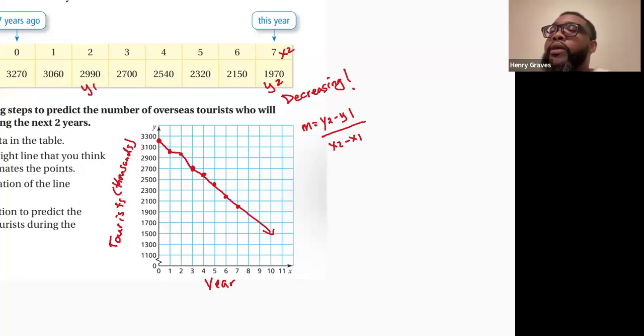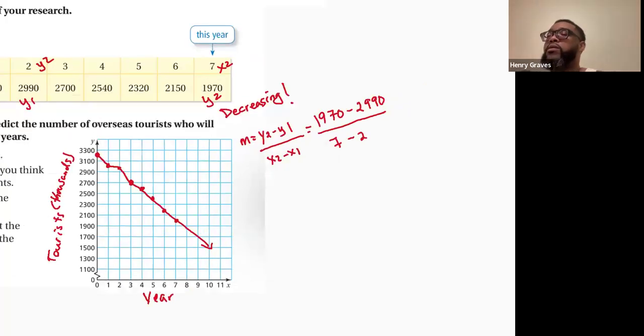So that means I'm going to be doing 1970 minus 2990 divided by 7 minus 2. Where's my calculator? 1970 minus 2990 is negative 1020.